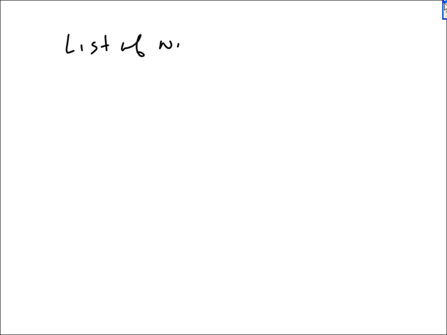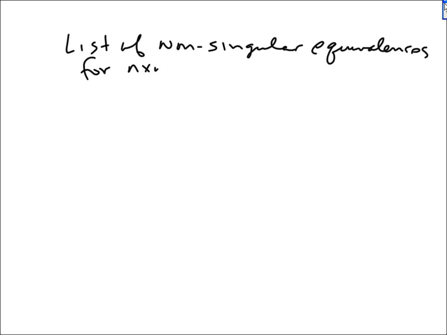List of non-singular equivalences for n by n matrix A. First one: A is non-singular.